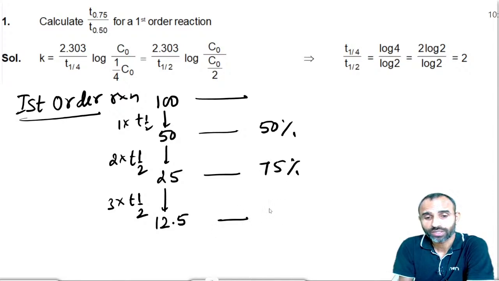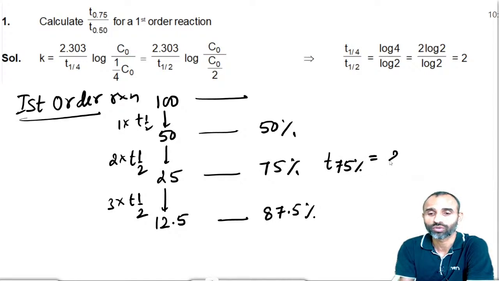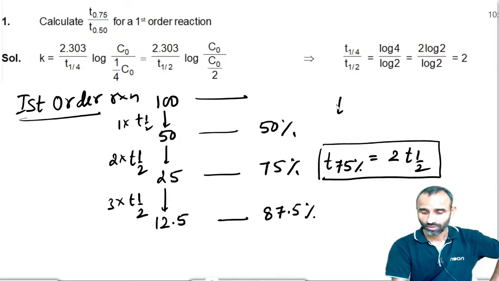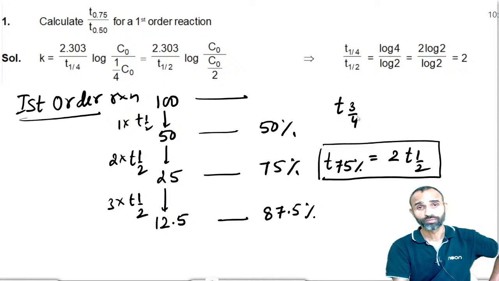Here it is 87.5%. That means t75% is 2 times t50. For t75% equal to 2 times t half. t75% is also written as 3 by 4, 75 over 100 times t half.